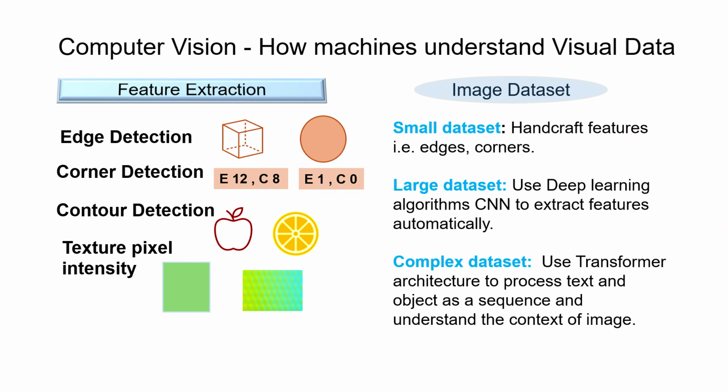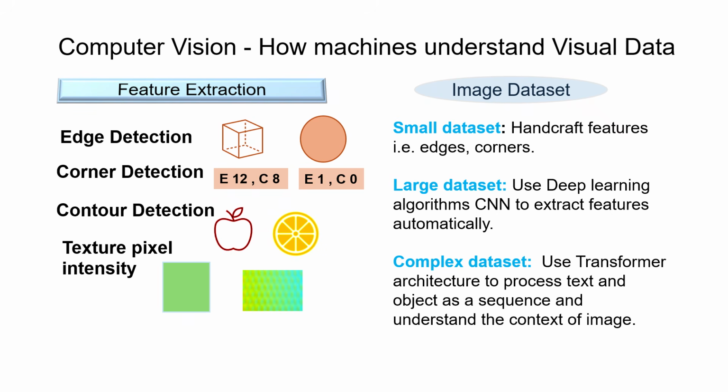For a complex dataset, use transformers as they work on an attention mechanism. Consider an image scene which has both text and objects. How does a machine see, read, and understand the context of the image or understand the scene? Here comes the transformer architecture and CLIP algorithms.